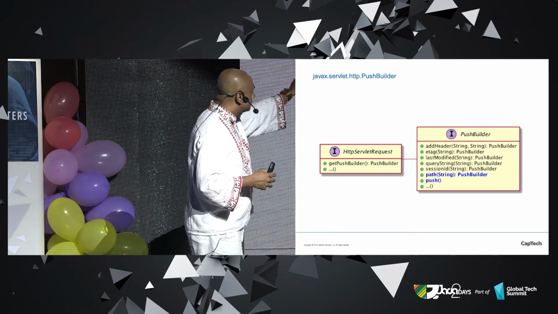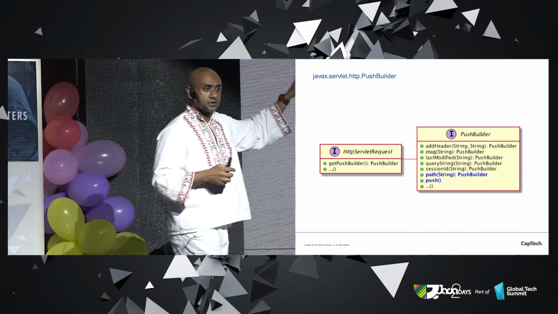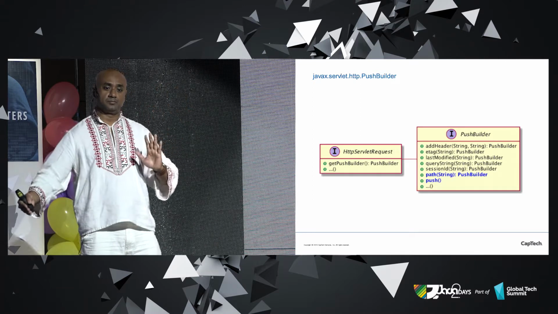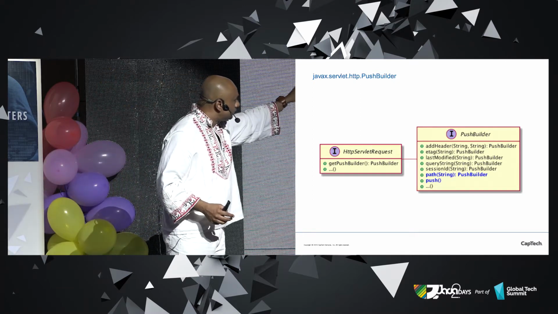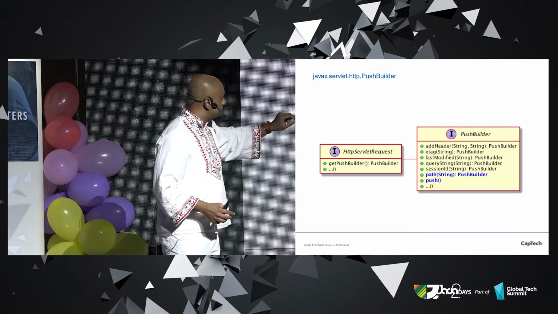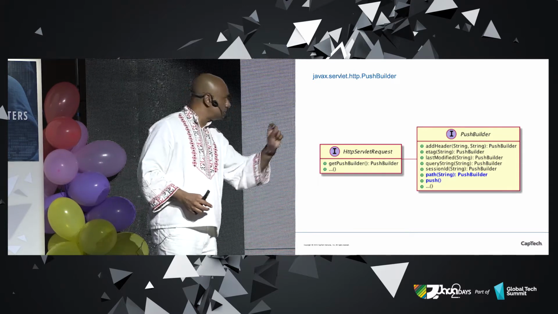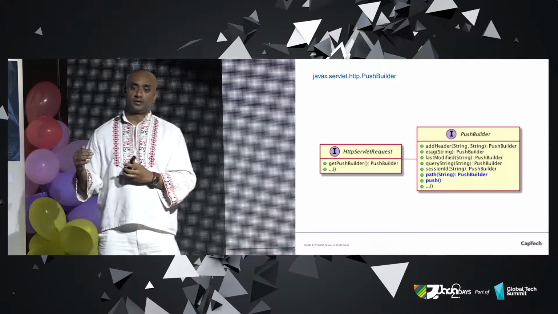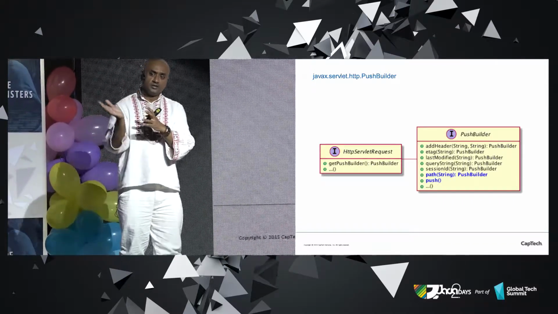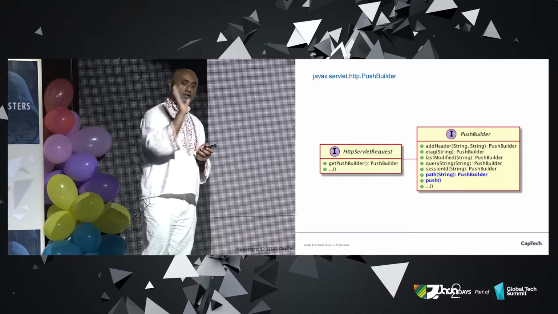You use the builder API to construct your entire dependency chain, adding multiple paths, and when you're finally done, you call push. That's what enacts the server push from the server side to the client side.